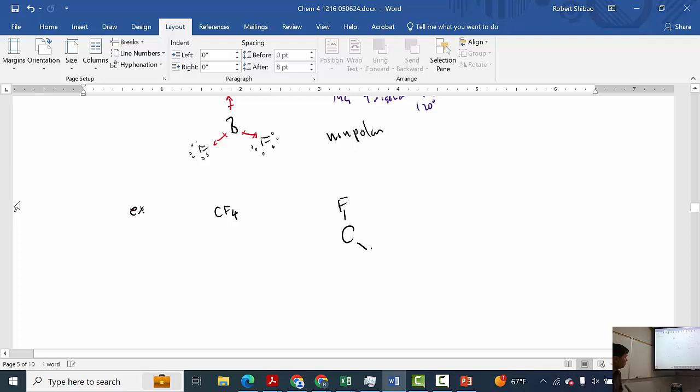What's this called? Carbon tetrafluoride. If we draw the Lewis structure, again, it does not have to accurately show the geometry. And so it looks as if the angles are 90 and 180, but that's not correct because it adopts a tetrahedral geometry to minimize the repulsions.